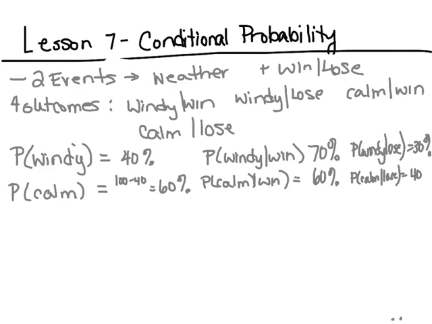So we need to find the probability of each event, so we're going to multiply our probabilities together. Remember the formula: P of A times P of B given A. So first we're going to do if it's windy and they win.